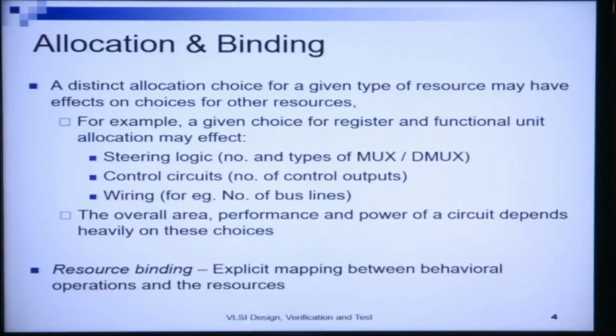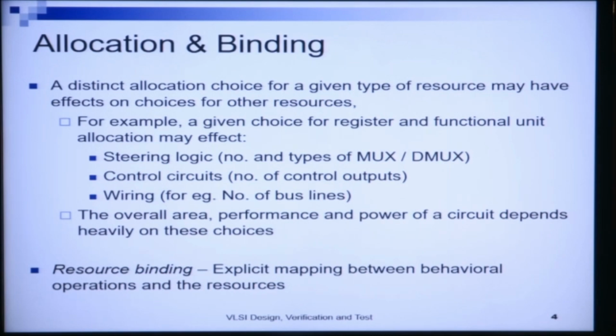With this introduction, we now define resource binding. What is resource binding? Resource binding is the explicit mapping between behavioral operations and resources. So, you can have many instances of these resources. For example, let us say we have 5 multipliers in a design, multiplier 1, multiplier 2, multiplier 3, multiplier 4 and multiplier 5.